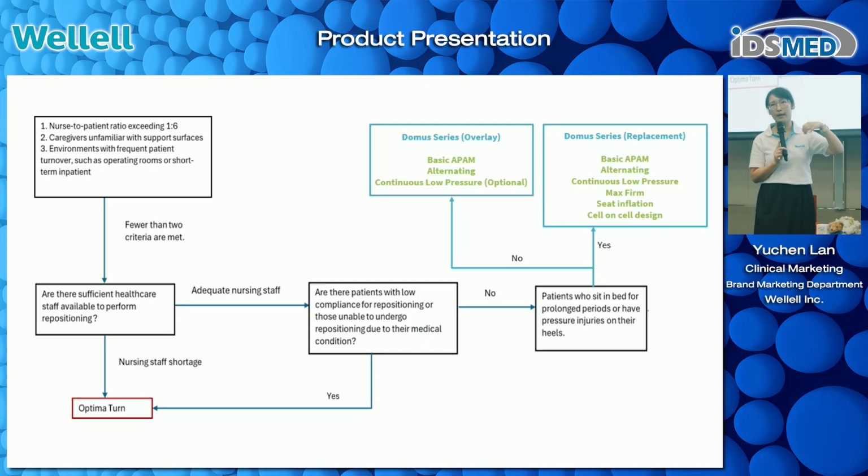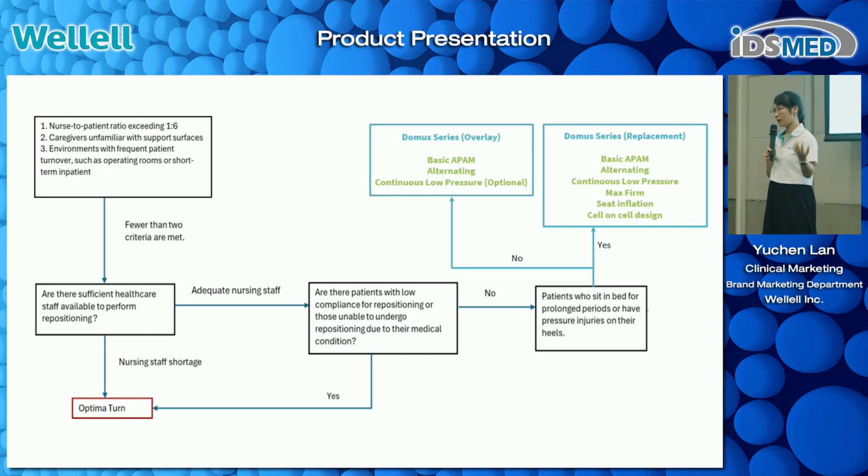If they only have a lower risk, like some elders who still have a little bit of mobility but do not have good nutrition, or whose body is frail, for this kind of patient, we could at least suggest they use the entry level of the air mattress, like the overlay one, to provide the entry level of pressure redistribution function.